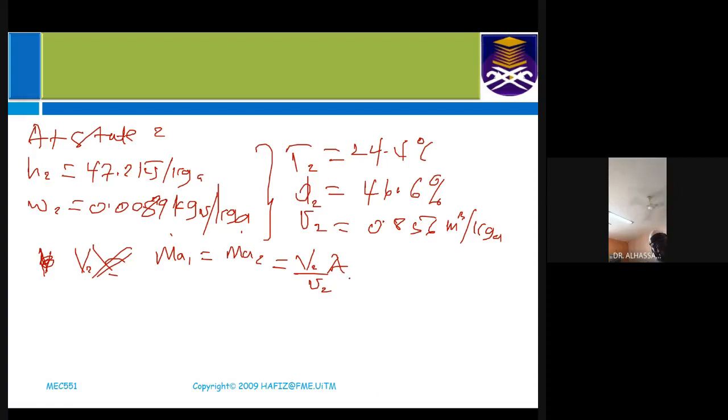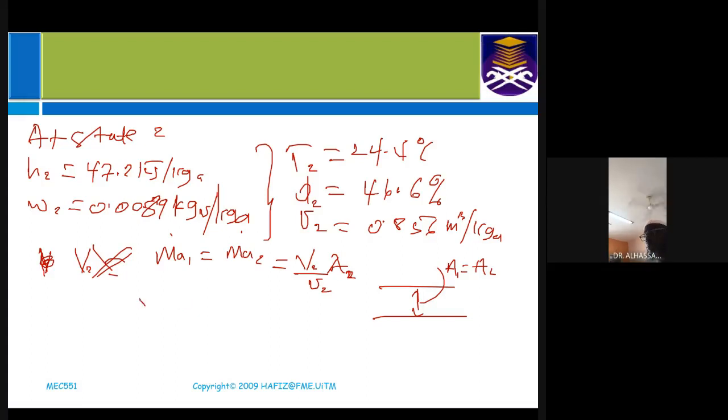The area is the same because the cross-sectional area has the same diameter. So area A1 is the same as A2. You understand? So now from here we can determine velocity V2.